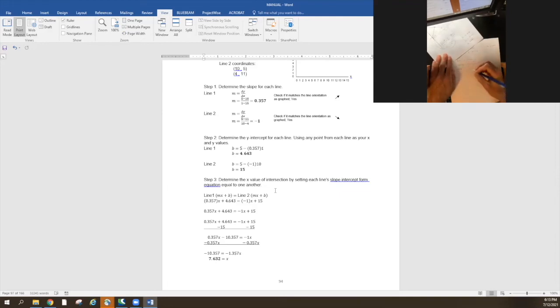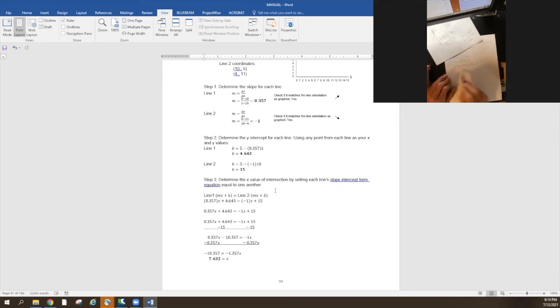X is what we're solving for, plus the y-intercept of line 1, which we figured out to be 4.643. So that's line 1. Now line 2 is going to be my slope, -1, times X, plus the y-intercept for line 2, which we figured out to be 15.